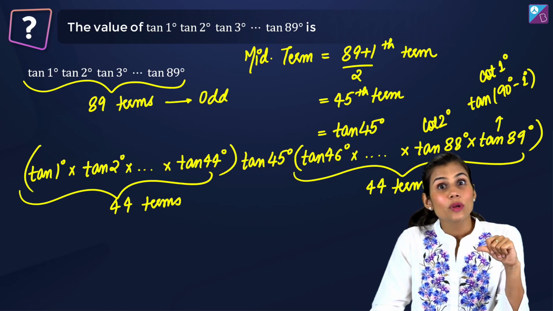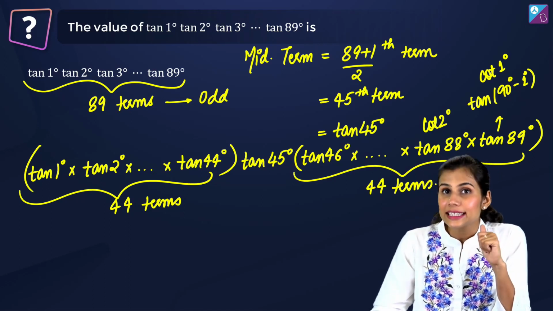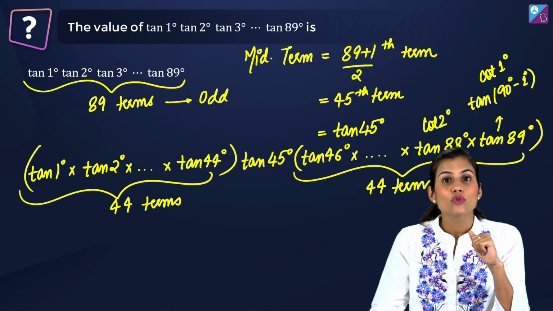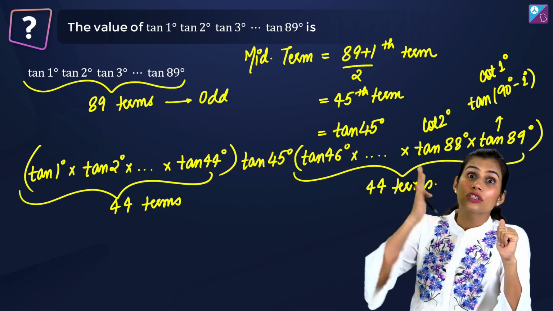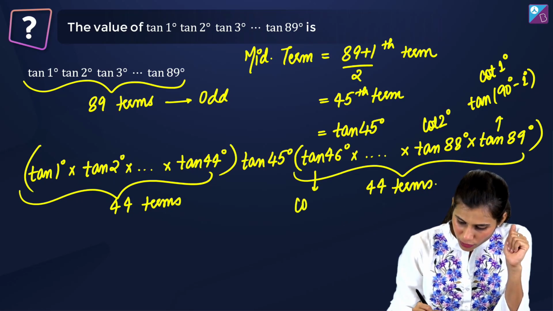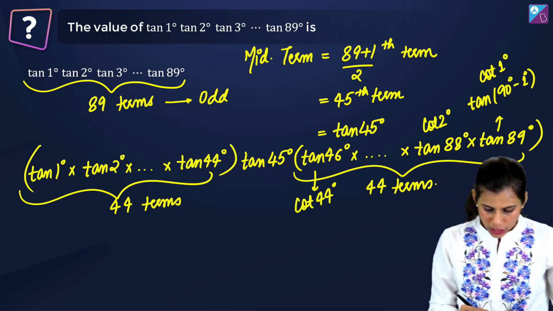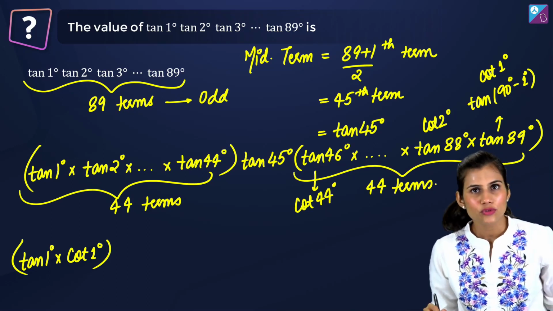The third term from the beginning will be tan 3 degrees. The third term from the end will be tan 87 degrees, which is the same as cot of 3 degrees. And so on. The 44th term from the beginning is tan 44. The 44th term from the end is tan 46, which is the same as cot 44. So what are you getting? You are getting the product of the first term from the beginning and the first term from the end as tan 1 into cot 1.